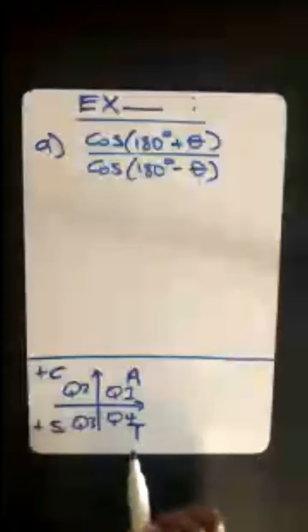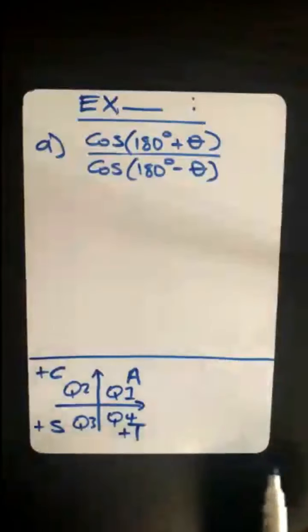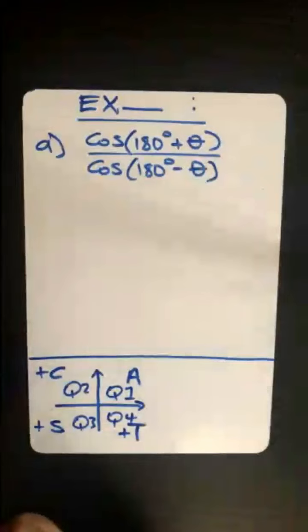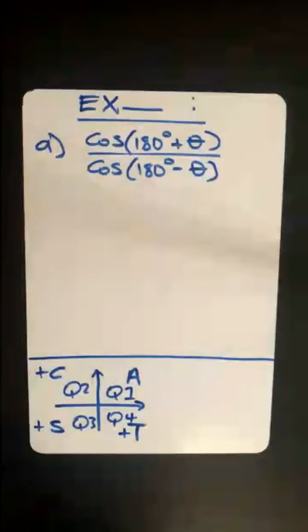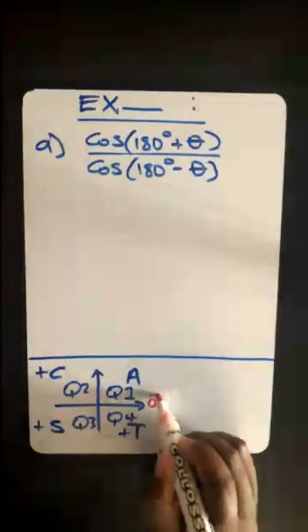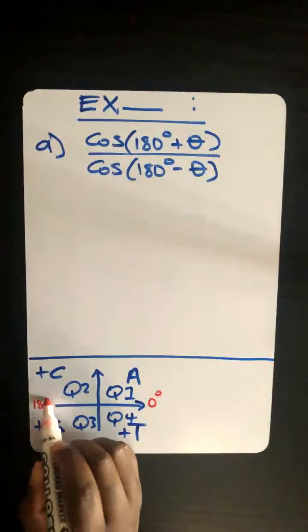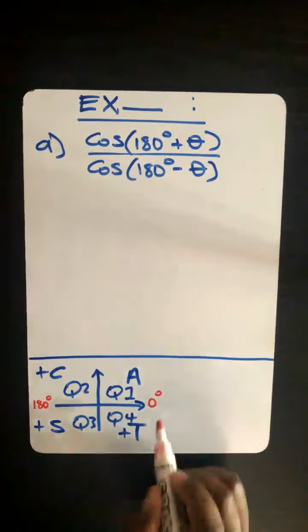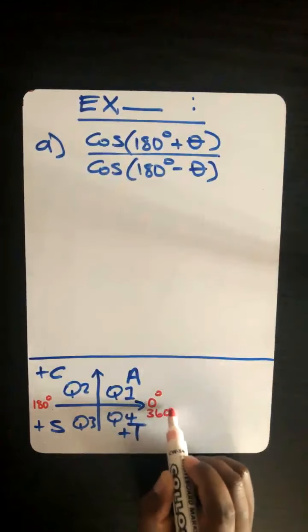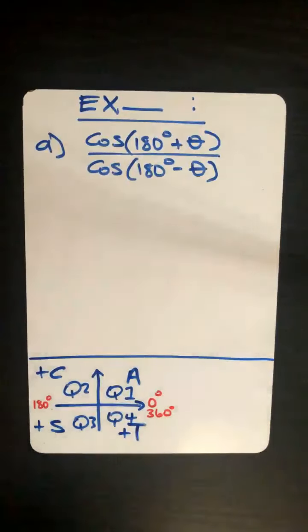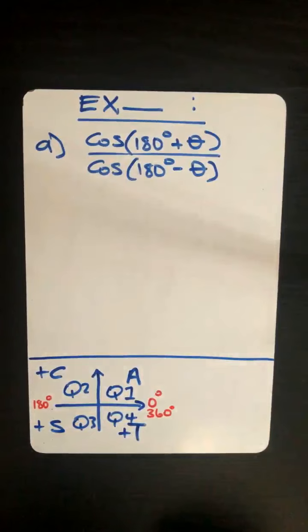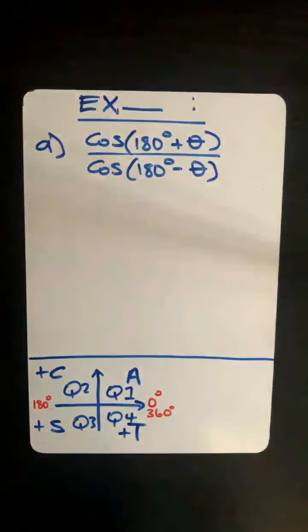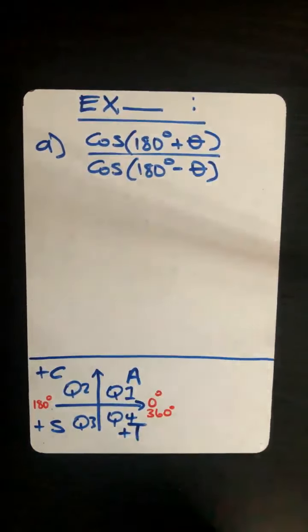In quadrant number 4, it's only tan which is positive. And most importantly, guys, you need to know that we've got 0 degrees there, we've got 180 degrees there, and we've got 360 degrees there. So, before I start with that problem, guys, is it clear to everyone?